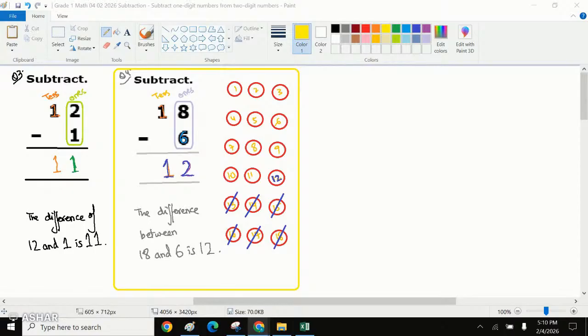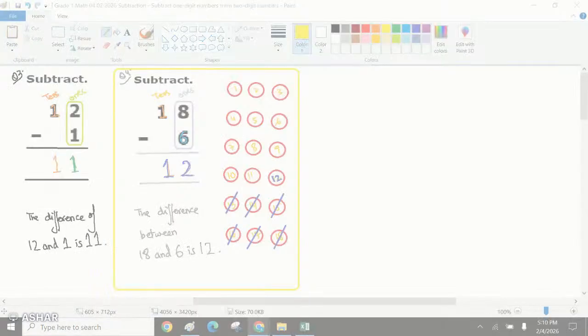Okay, let's move ahead to question number 5. The next question says subtract 15 minus 1.